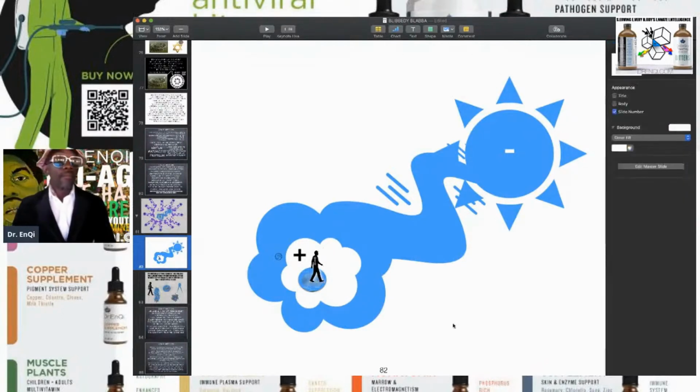Alright, so what I'm showing in this is the relationship of our sun to our planet. The tears of Ra, right, or the plasma from the sun, forms an umbilical cord that connects our planet to the sun.